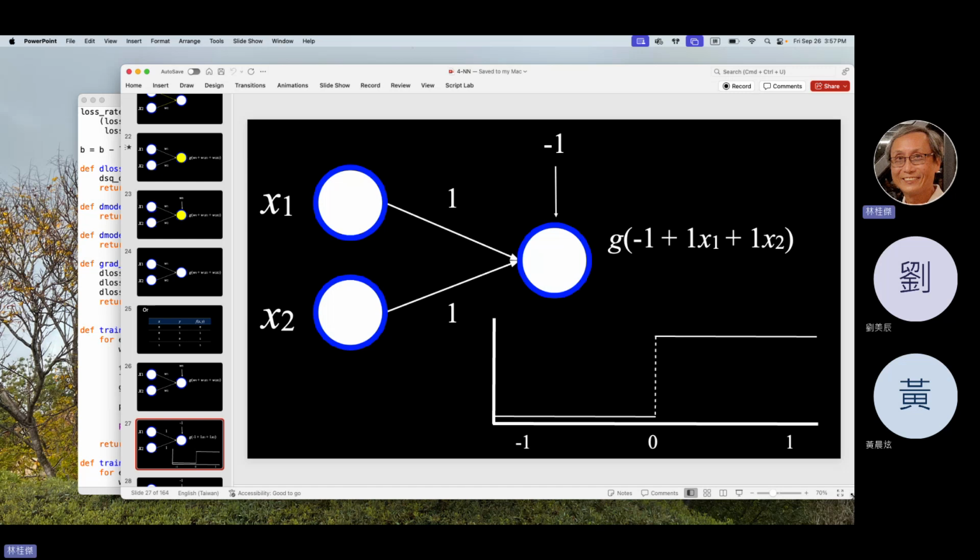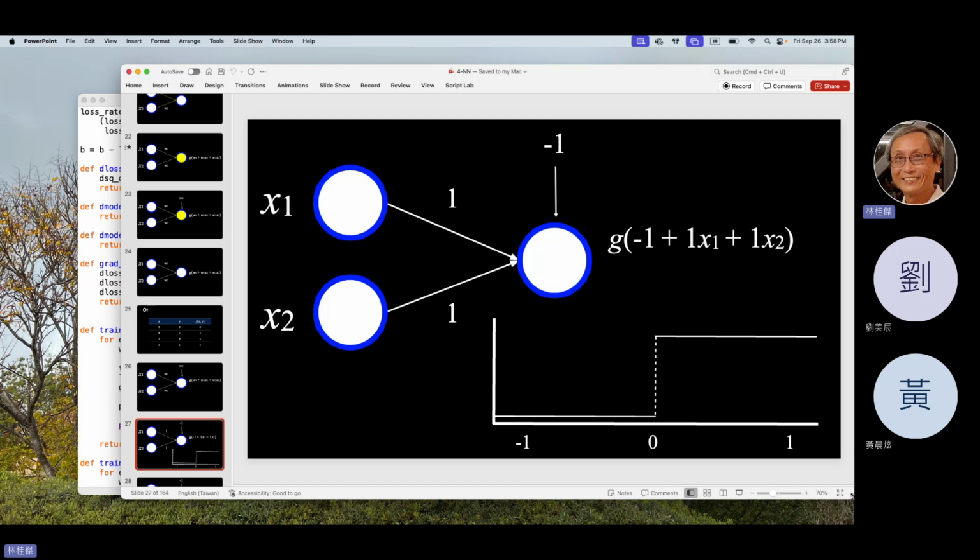And so if both of them are 0, it will be 0 here, 0 here, and put that into this. Even though the weights are 1, it's going to get zeros from these two links. Then this one here is going to be -1, and you can see that it says I'm going to give you 0.